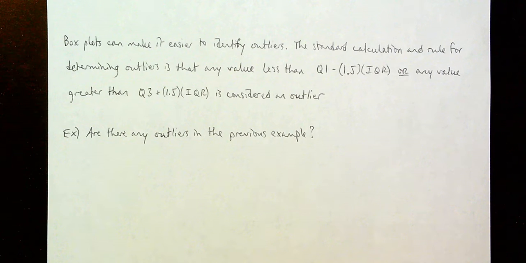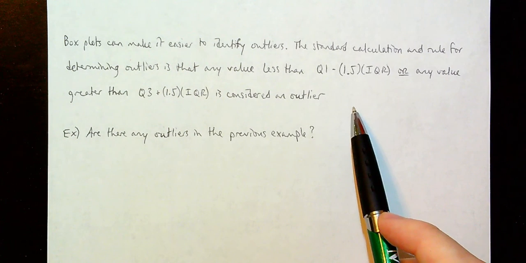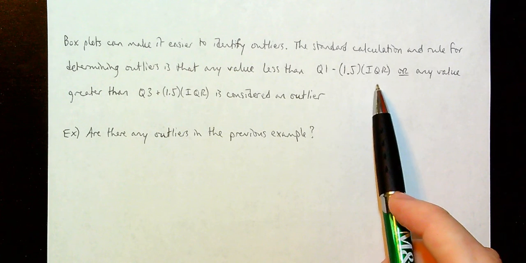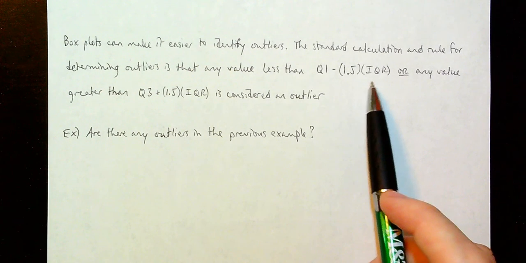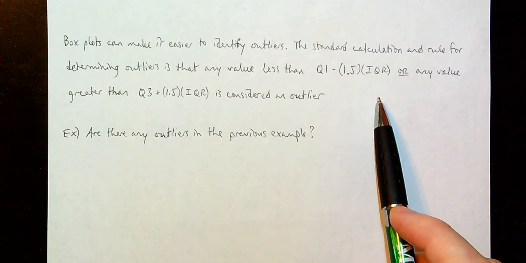The standard rule and calculation for determining outliers is that if you have any value that is less than Q1 minus 1.5 times IQR. IQR is that interquartile range that we talked about at the end of the previous video.